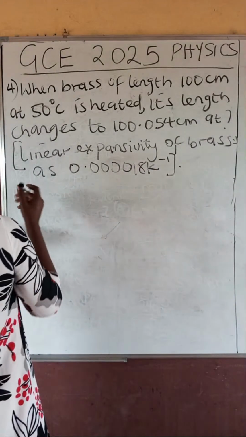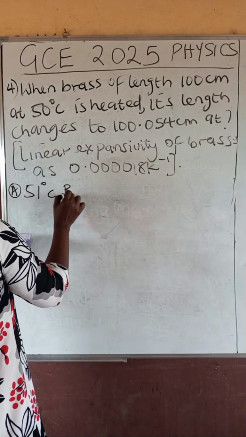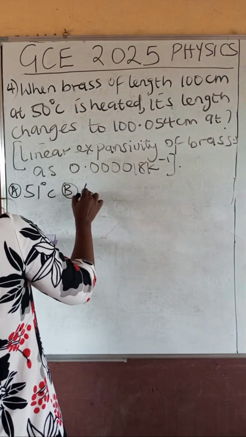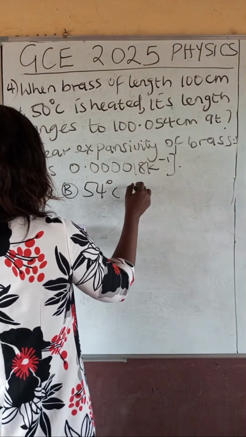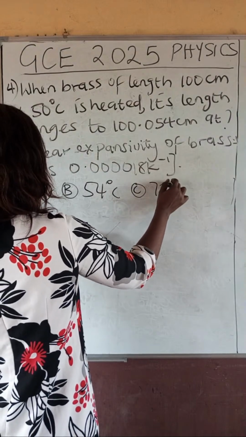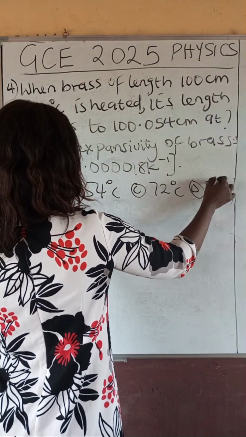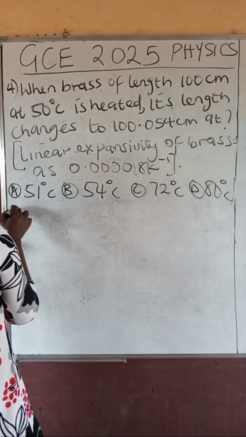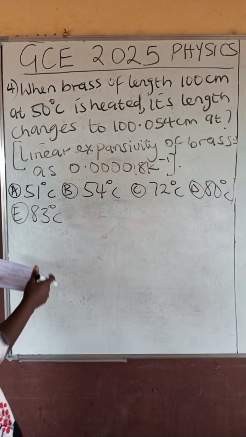And the options we have: A is 51 degrees, B is 54 degrees Celsius, C is 72 degrees Celsius, D is 80 degrees Celsius, and E is 82 degrees Celsius.